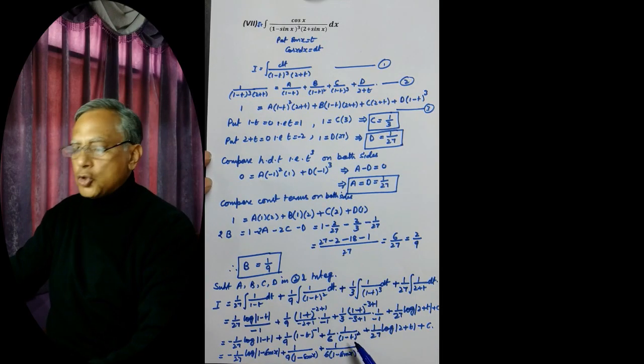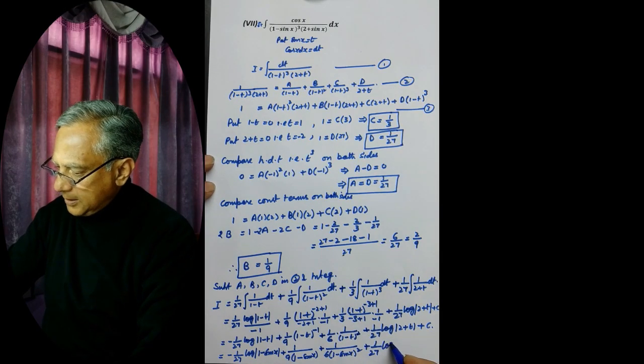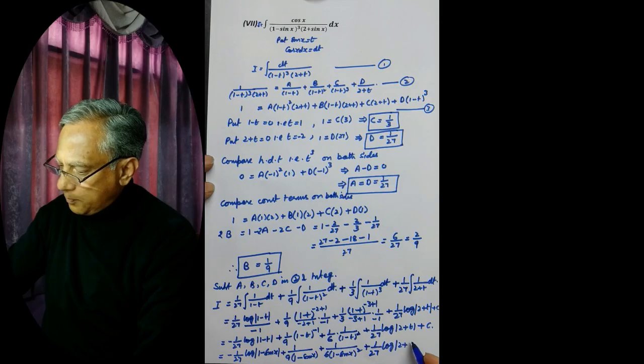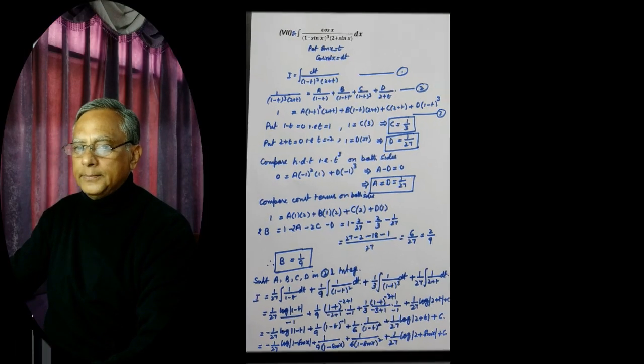We are back substituting t. Plus 1 by 27 log of 2 plus sin x plus c.